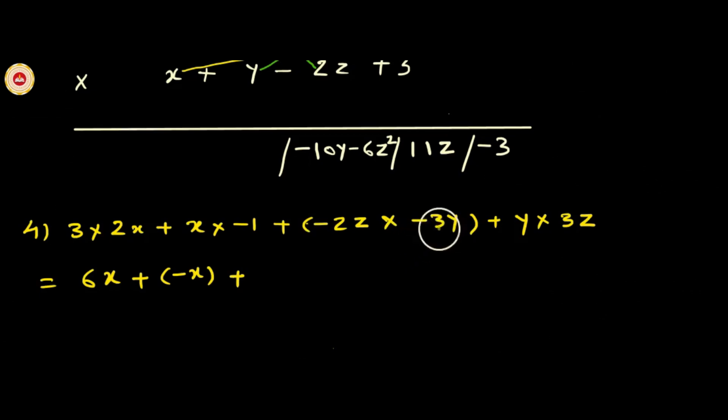Minus minus plus, so this term will be positive. 2 3s are 6, and z multiplied by y, or y multiplied by z, one and the same, so I have written yz, plus y multiplied by 3z, 3yz.